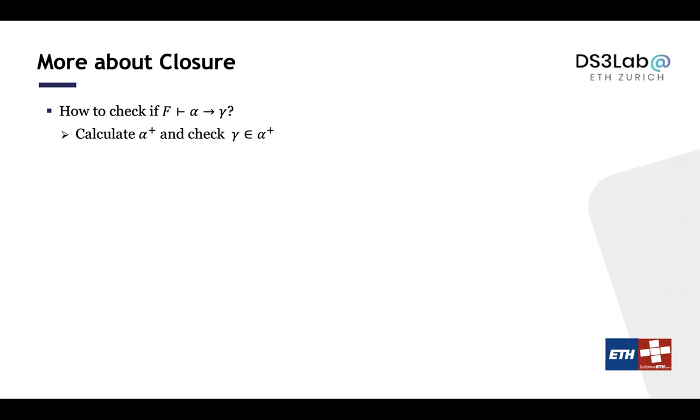If it belongs to the closure, it means that I can derive alpha to gamma from F. Otherwise, it means you cannot. And you can try to check whether a set of functional dependencies F can derive another set of functional dependencies G, right? By going through every single functional dependency alpha to gamma in G, and you check whether F can derive that functional dependency or not.